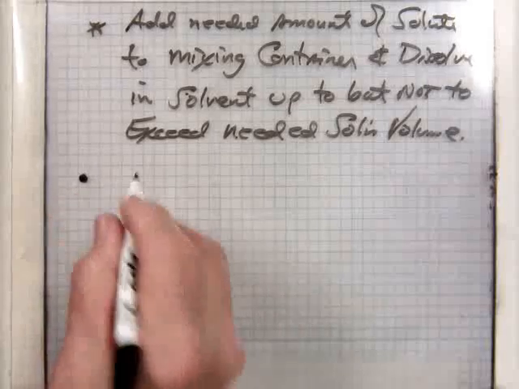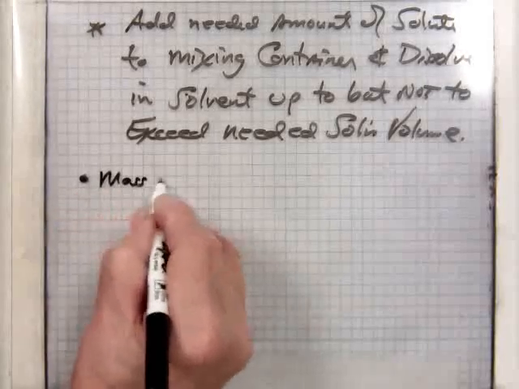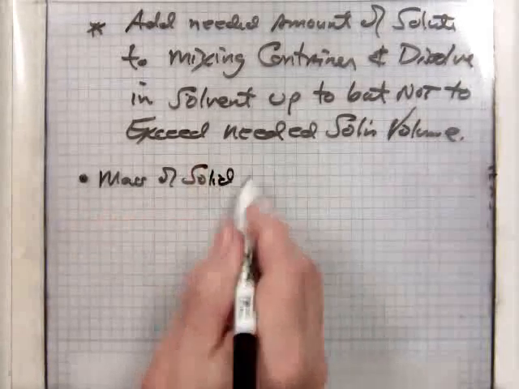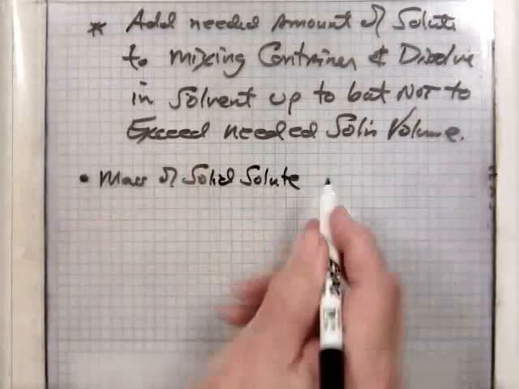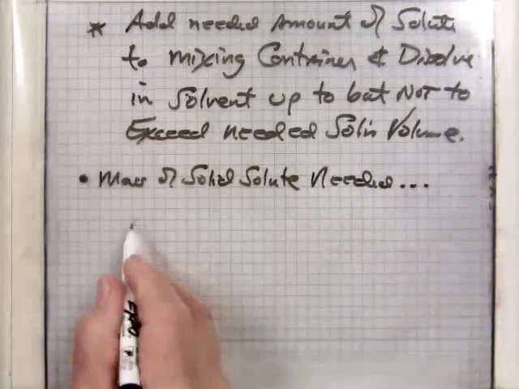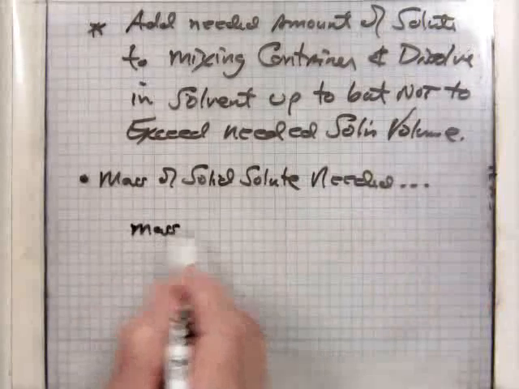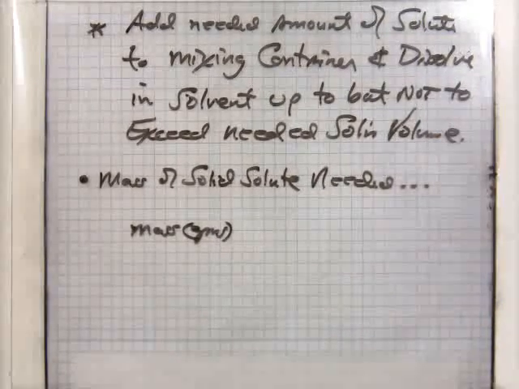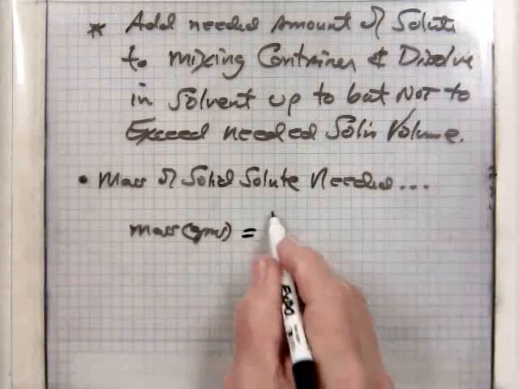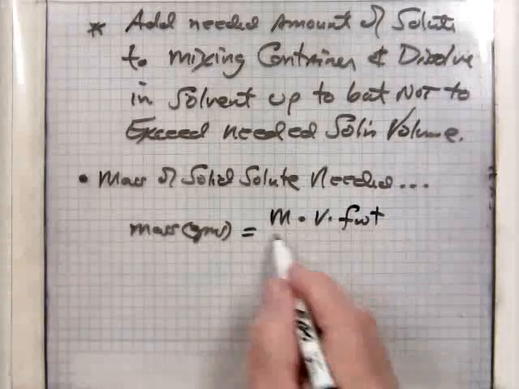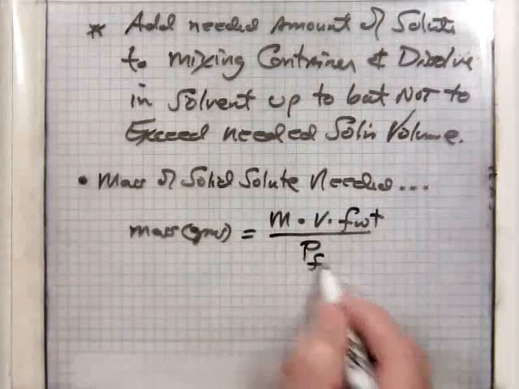So here is mass of solid solute needed, is mass in grams. This will make the perfect solution. Is molarity times volume times formula weight of the solute divided by what we call a purity factor.